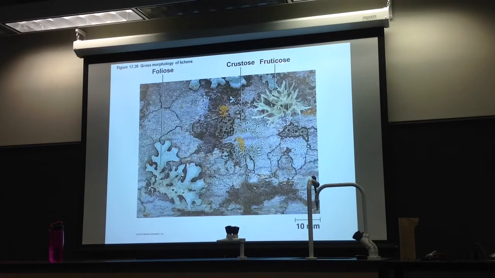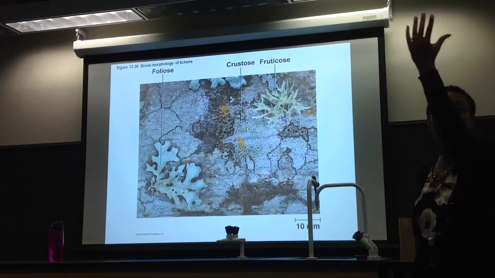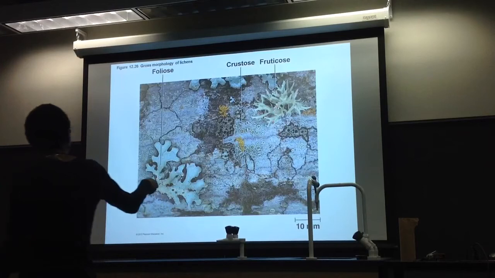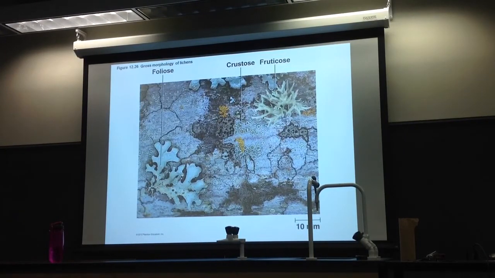Now, fruticose guys look like fruiting bodies. In other words, go back to the fungal part, right? The sac fungi with the guy sticking out of the ground, or the mushroom doing that. I said what? They are what? Fruiting bodies. Make sense? Now these guys also do what? Come up, right? So since they come out of the rock, they're called fruticose because they look like fruiting bodies. Make sense? That you should know, right? And the picture helps you to see that they look like fruiting bodies.